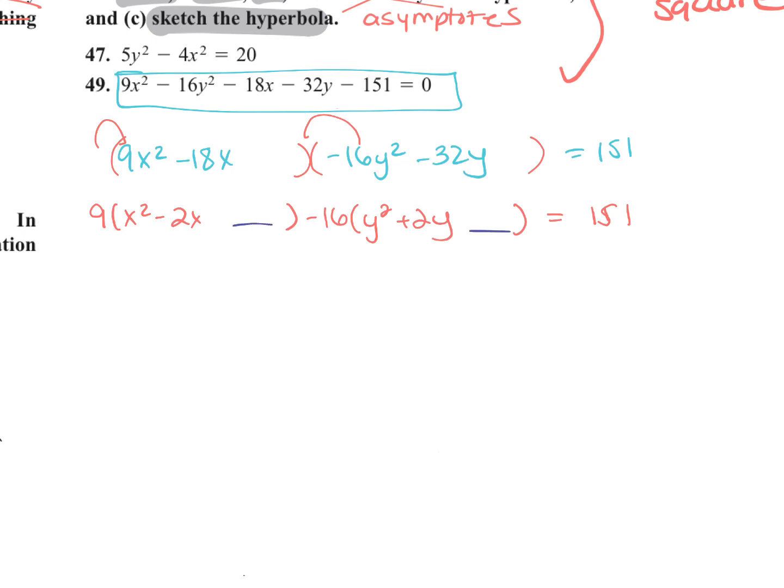Complete these squares, take that 2, divide it by 2, it's 1. 1 squared is 1, so I add the 1 here. I would normally add the 1 here, but I have to multiply by 9 first. So now I'm adding 9.